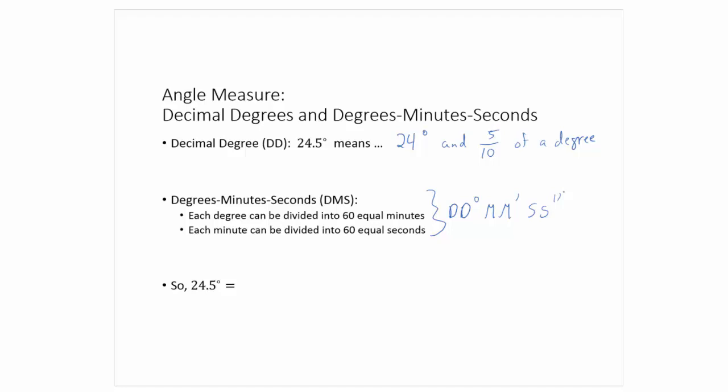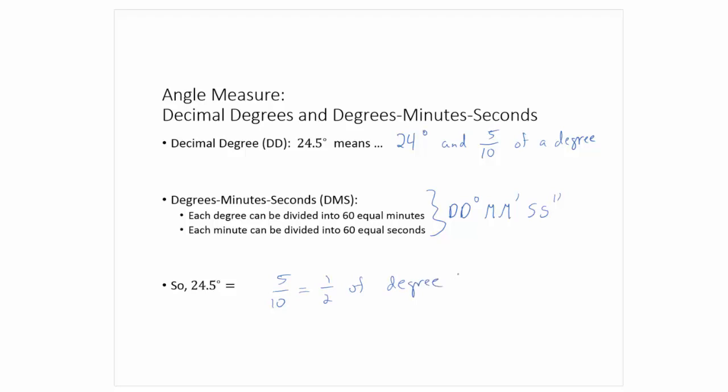So if we consider that angle that we talked about just a moment ago, 24.5 degrees, then in terms of minutes, well, let's think about that. If there's 60 minutes in a degree, then 5/10, well, that's 1/2 of a degree.